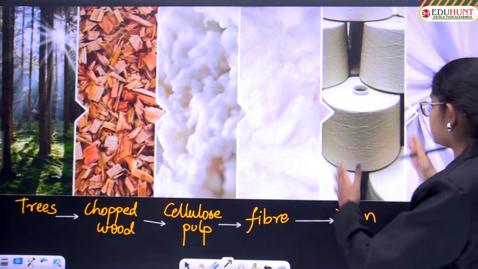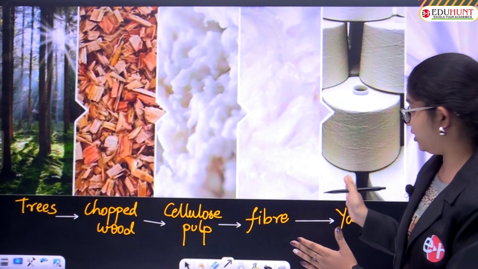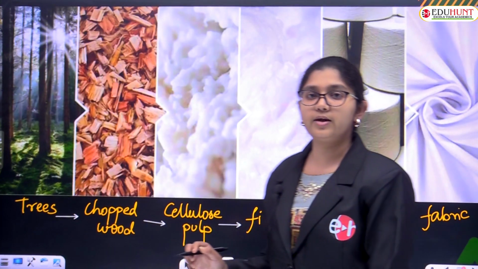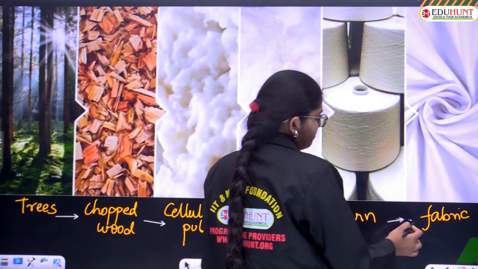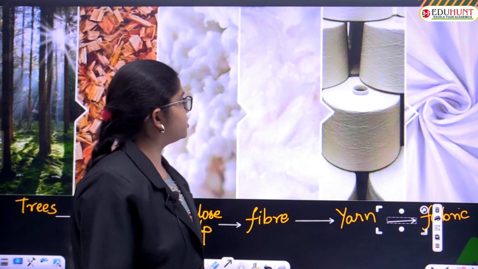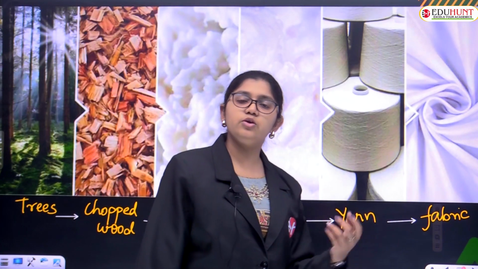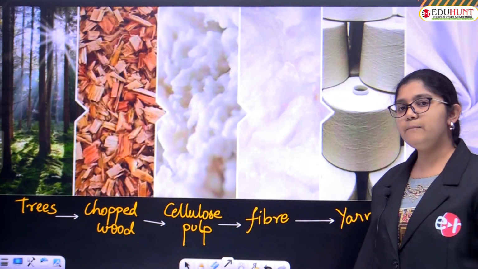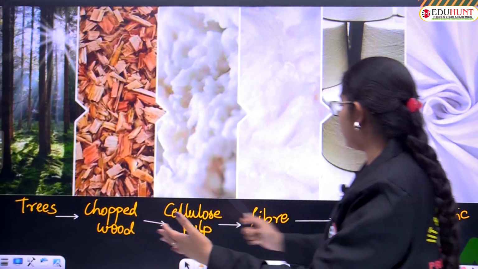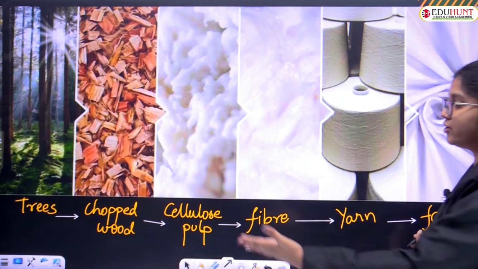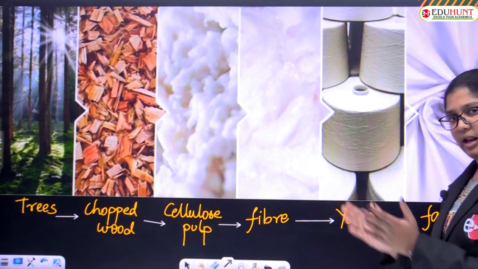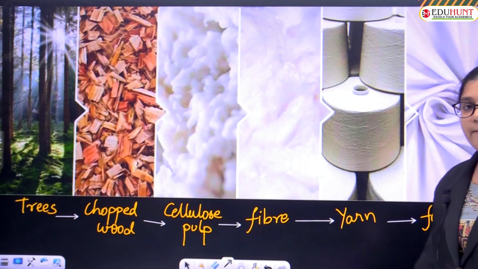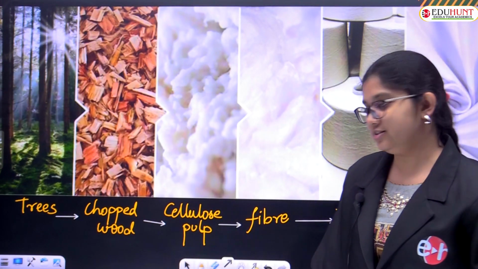This is a big-sized one, yarn we say, okay? And from that yarn we can make many fabrics. It is used white, so we get white fabric, and if you add different colors, including dyes, to these fibers, you'll get multiple colors. Okay, children, this is all about the processing of rayon from trees, wood pulp, cellulose, into rayon fabric.